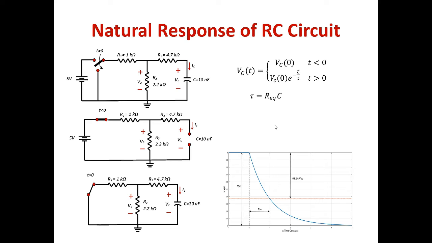So I would say that it needs to be bigger than 270 microseconds. The pulse width needs to be greater than 5 tau, and that should be greater than 0.27 millisecond. So in my simulation, when I build in Orcad, I will use the pulse width to be half a millisecond. So let's go ahead and move on to show you how we can simulate the circuit using PSPICE Orcad.